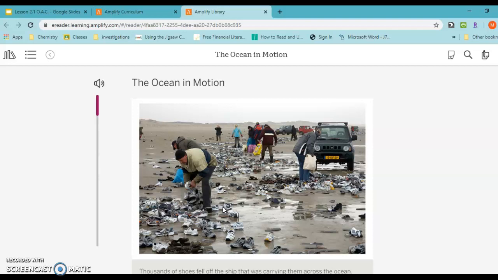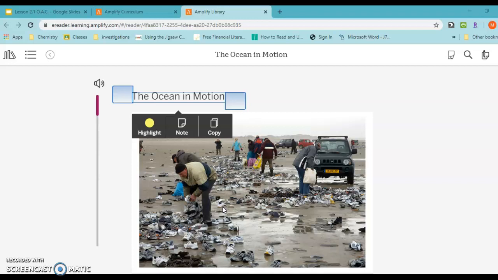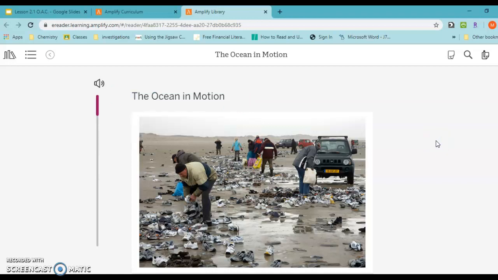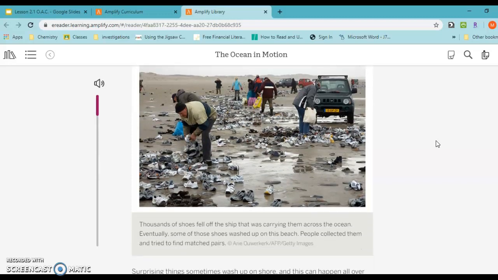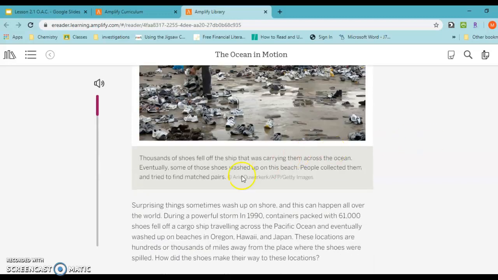So this makes me ask a why question. Wait, why would there be shoes in the ocean in the first place? These shoes must be connected somehow to the ocean's movement. Okay, so I'm going to start reading my first paragraph to figure out how this is connected.